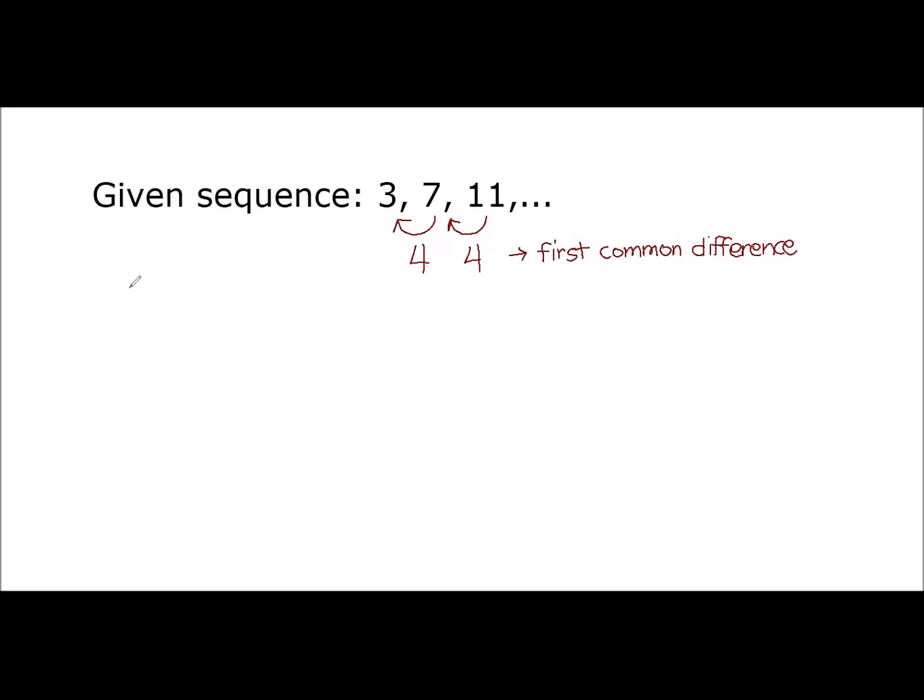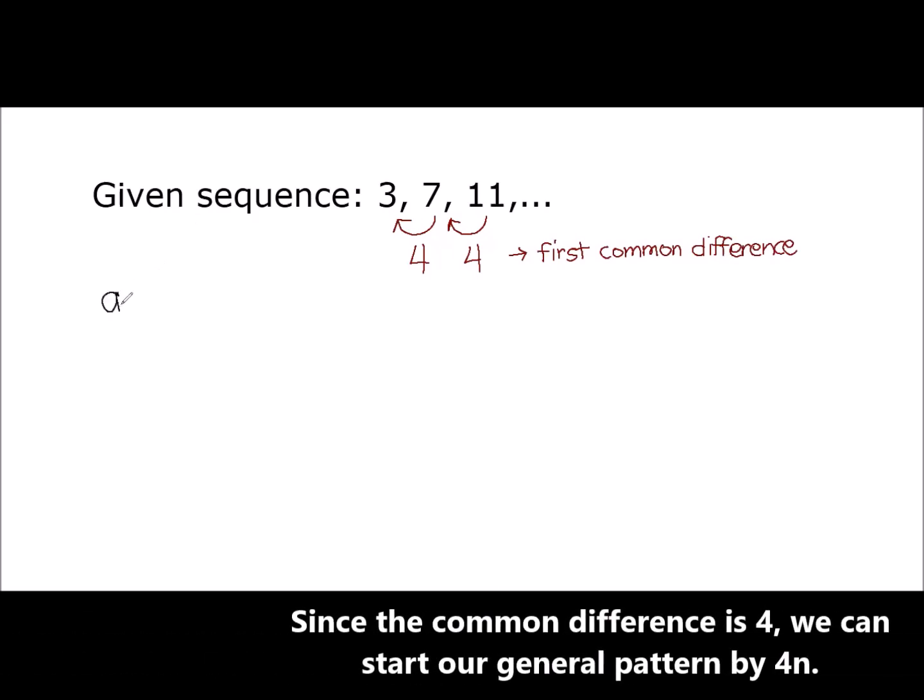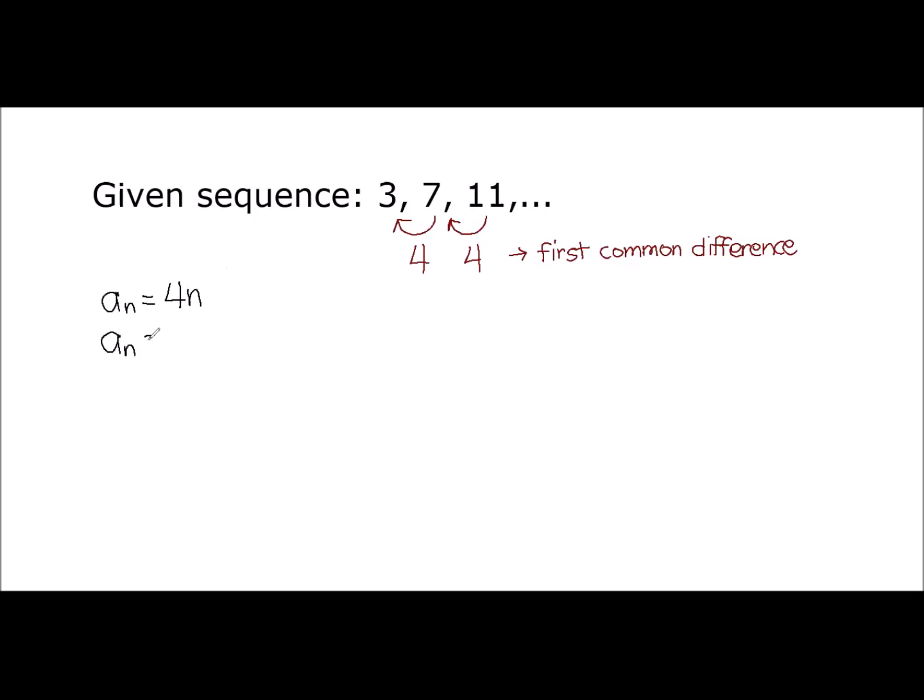So what are we going to do? So it only means that we are expecting a sub n is equal to 4 times n. But let us try. A sub n is equal to 4n, where n is equal to 1. So let us try getting the first term. So our goal is to get 3.